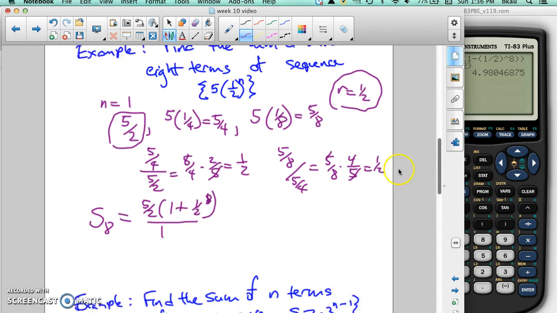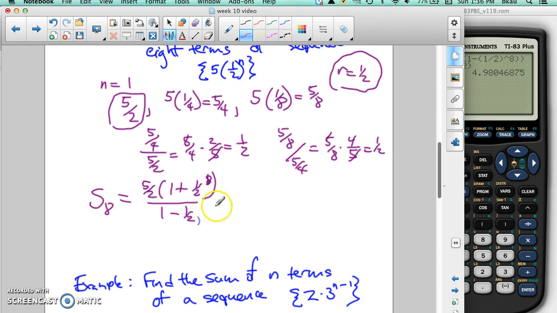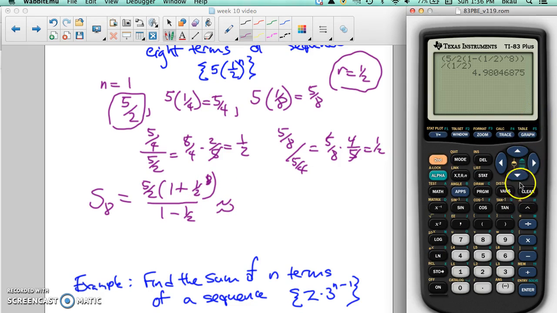So 1 minus r is 1 minus 1/2. We're going to get approximations for this because that's a large decimal for 1/2 to the 8th power. So we're going to put it in.